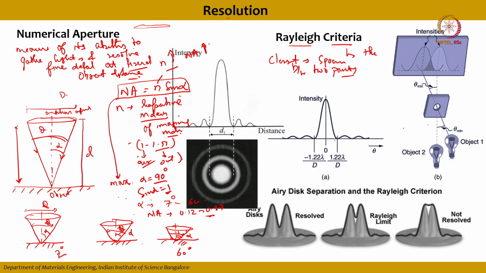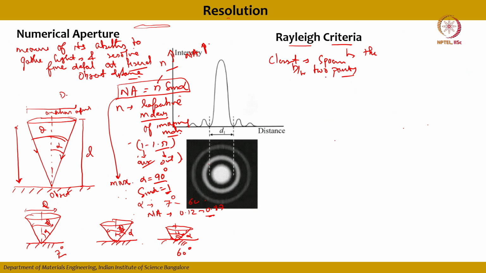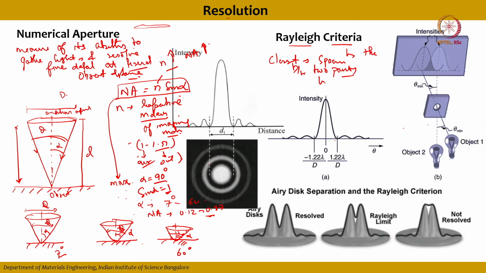That is called Rayleigh's criteria. Okay. So this is not the same as the smallest point which can be seen by magnifying it. Okay. So this is called your resolution limit.